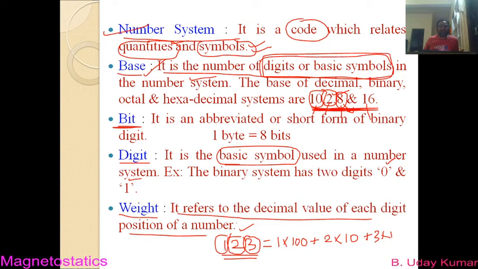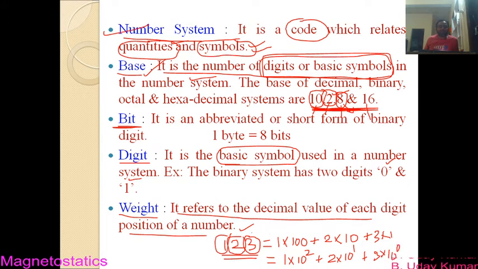For example, this can also be written as 1 into 10 square, this as 2 into 10 power 1, and this as 3 into 10 power 0.